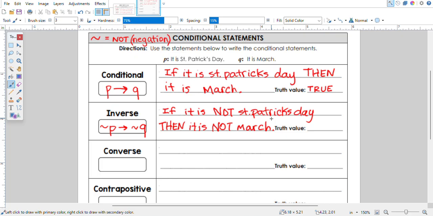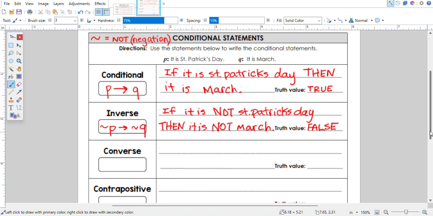March 1st is not St. Patrick's Day, but it is still part of March. So if it is not St. Patrick's Day, then it is not March, would be a false statement. We are thinking about the condition that we are in. It is not this specific day. That doesn't mean that it's not any other day in March.